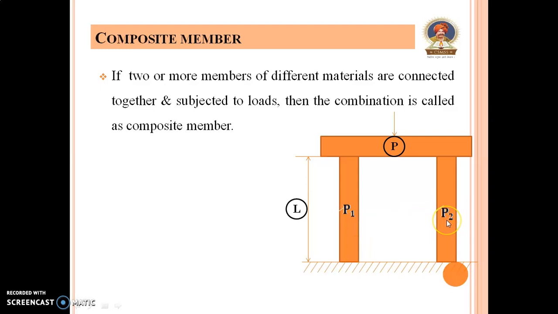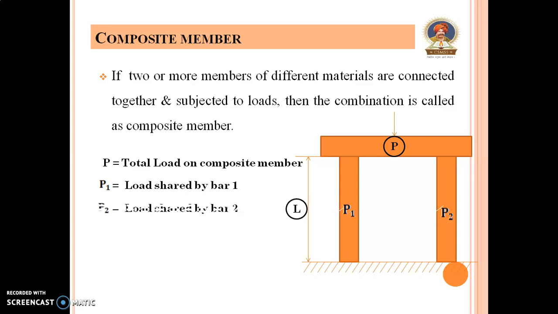For bar 2, material 2 is used, having length L. These materials are rigidly fixed with each other, and also parallel to each other, and carrying a compressive type of load as shown in the figure. So P is the total load on the composite member, P1 is the load shared by bar 1, and P2 is the load shared by bar 2.